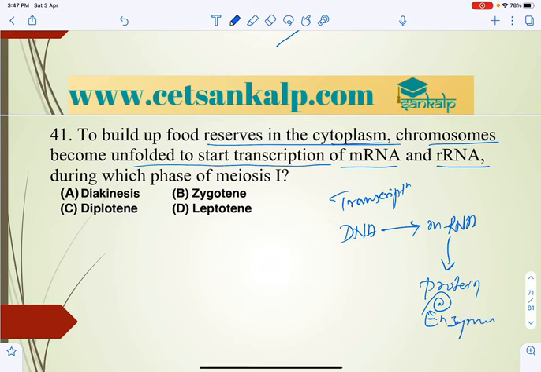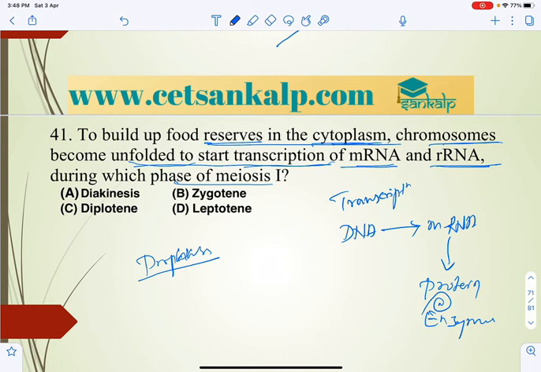So, to build up food reserves in the cytoplasm, chromosomes become unfolded and start transcription of mRNA and rRNA during which phase of meiosis 1? Exactly at which phase does this process take place? In meiosis 1, prophase is where recombination starts and produces variants, and the recombinant chromosomes show transcription and translation.